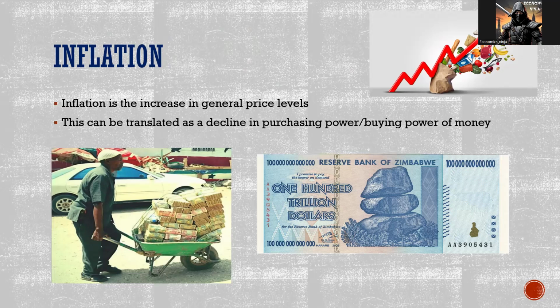So as you can see in the pictures on this slide, you can see that old Madala pushing a wheelbarrow of money to buy goods and services. Hyperinflation, or if the rate of inflation is very high, can have that impact on money, where money starts to lose some of its features. I am sure you remember when we talked about money, we said some of the features of good money is that it has to be portable and it has to be acceptable.